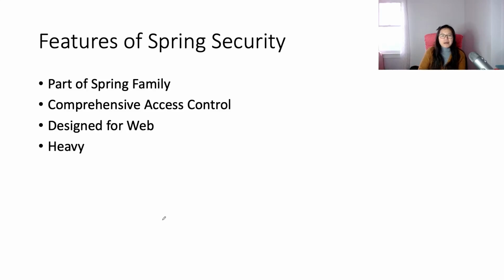Some features about Spring Security. Because it's a part of the Spring family, we gain all the features which the Spring family provides for us. It has comprehensive access control, at two levels. One is URL-based, where you can control that this URL must have this role, like a user.